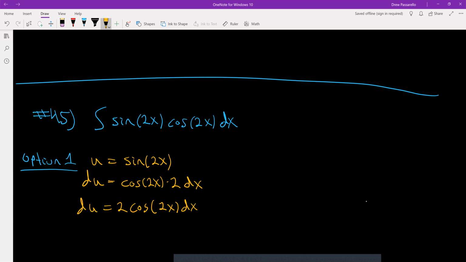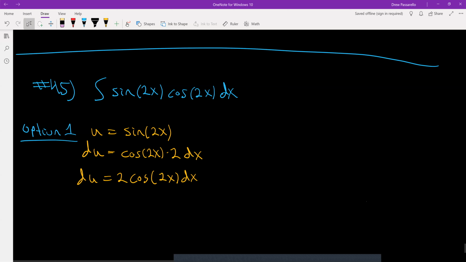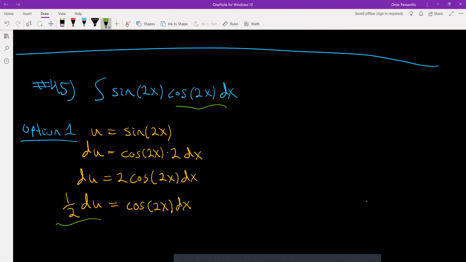But we have just cosine 2x in the integral, so we would divide both sides by 2, or multiply by a half, which would give us 1/2 du is equal to cosine of 2x dx. All right, so that's going to plug in right there. And then this whole thing is u. So that's going to give me the integral of u, and then cosine of 2x dx is 1/2 du.